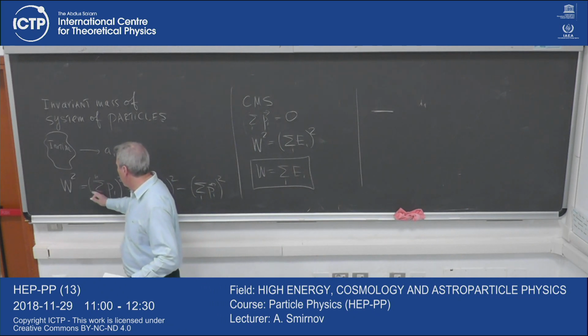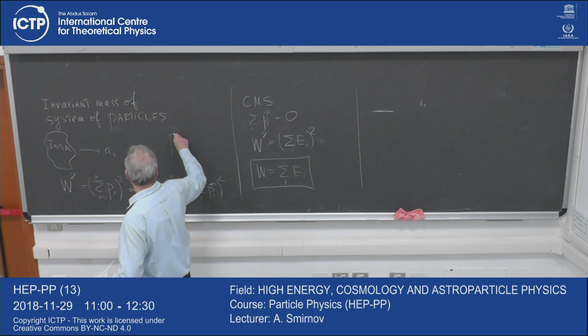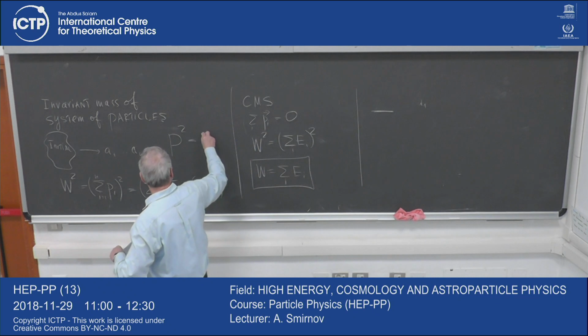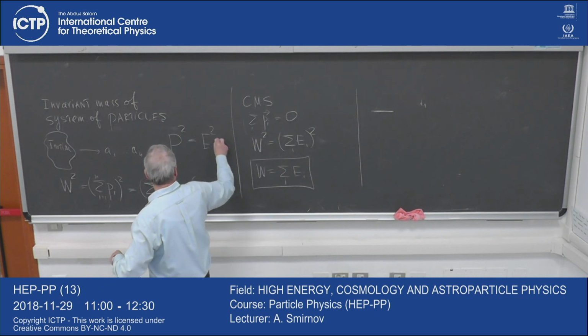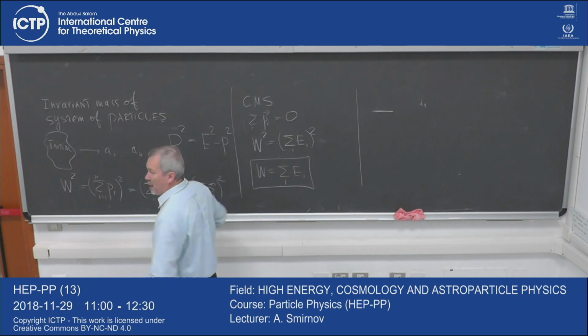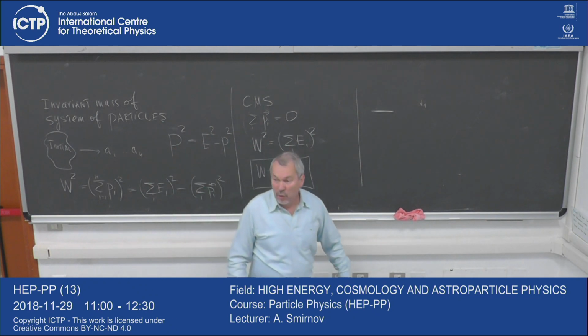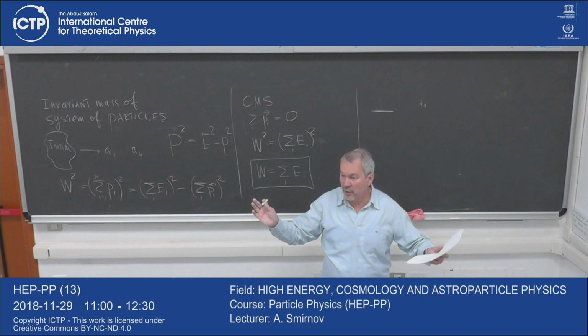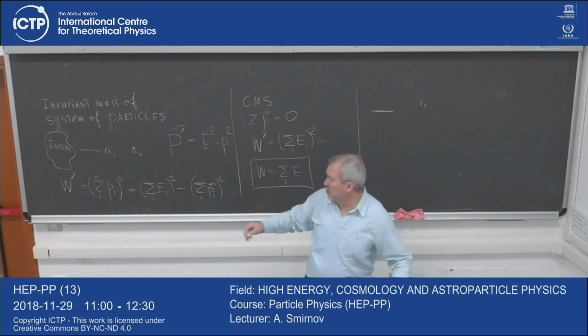So you have some 4-vector. If you have a 4-vector square, then it will be energy square minus momentum square. For a single system, it doesn't matter. So this is how we define these 4-vectors. For 4-vectors, there is no interference.